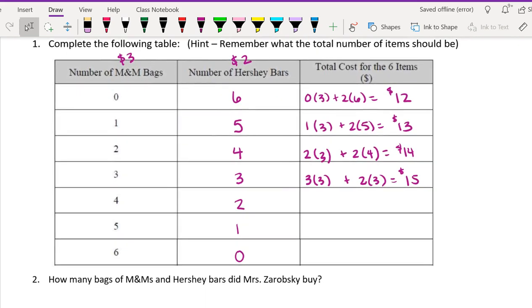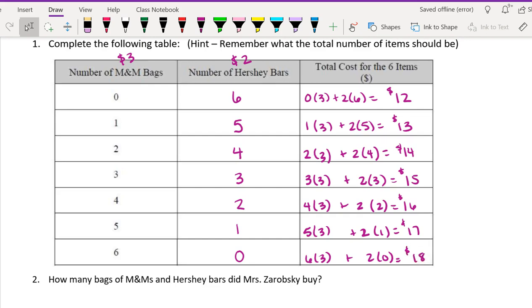So the pattern is going to continue. 4, 5 times 3, 6 times 3, and then 6 times 3 plus 2 times 0 is equal to, it was $16, $17, and $18.